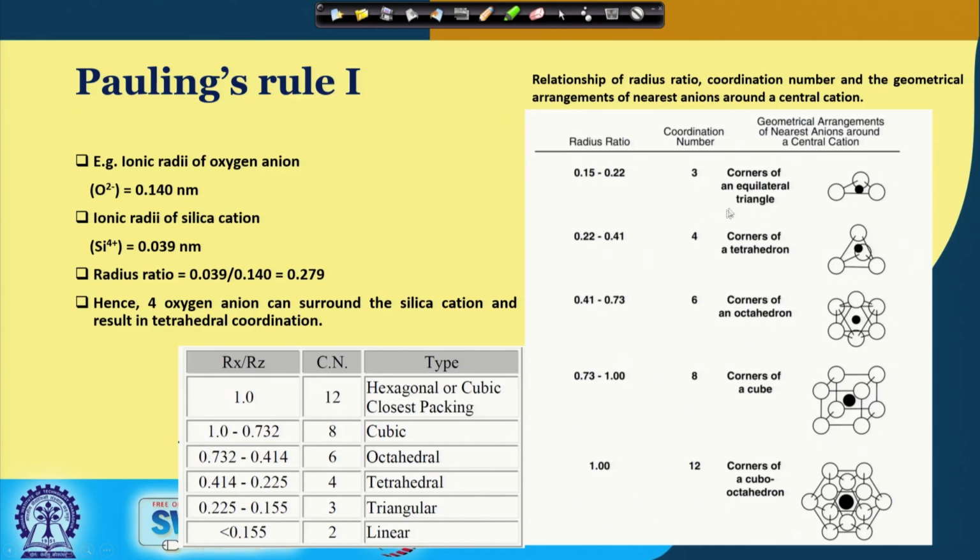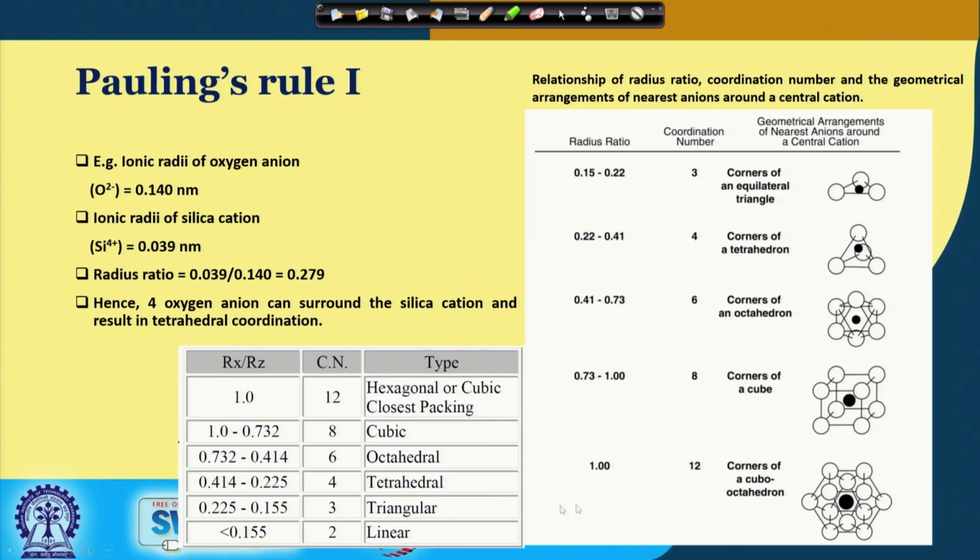As you can see, in the case of coordination number 3, it will be basically triangular, as I have mentioned, and in the case of coordination number 4, we are seeing a tetrahedral shape. When the coordination number is 6, we are getting an octahedral shape, and for coordination number 8, we are getting the corners of a cube, that means a cubical shape here.